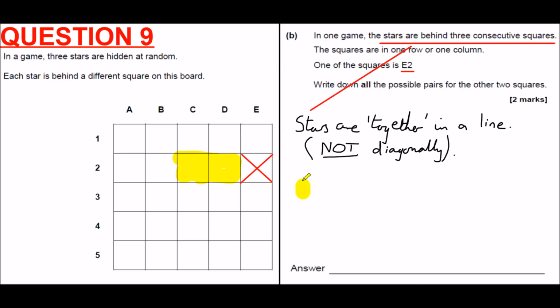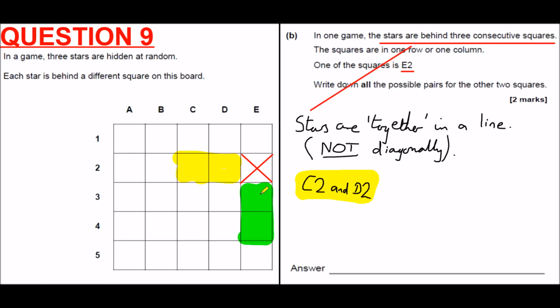So one possibility is that the other 2 squares are in C2 and D2. The other possibility as well is that the other 2 squares may be down here.